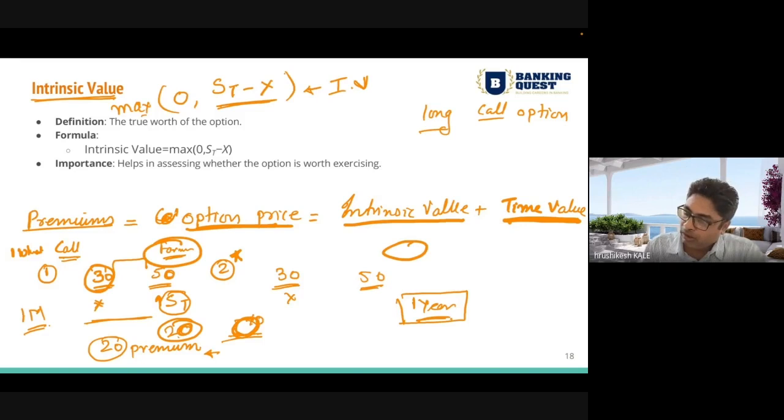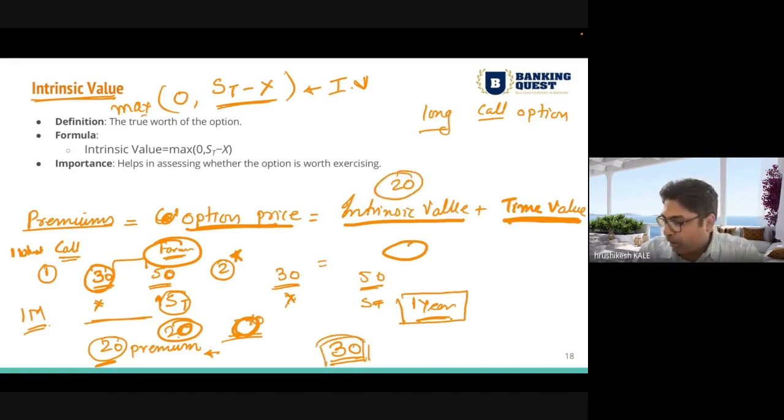He will not just be ready at 20, he might ask for 30. But the difference between today's price ST and X is just 20. So if the seller is asking 30 rupees as premium, out of which 20 rupees is intrinsic value, then the remaining 10 rupees will be the time value. Any question here?